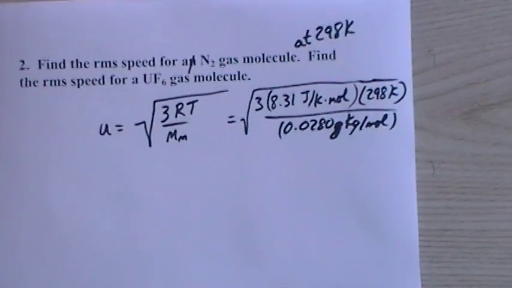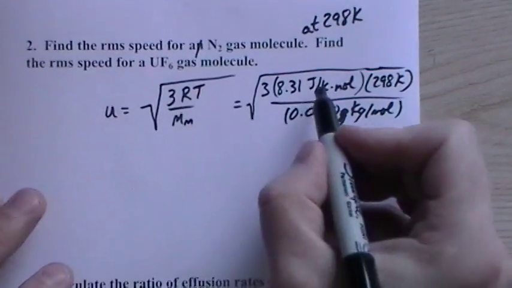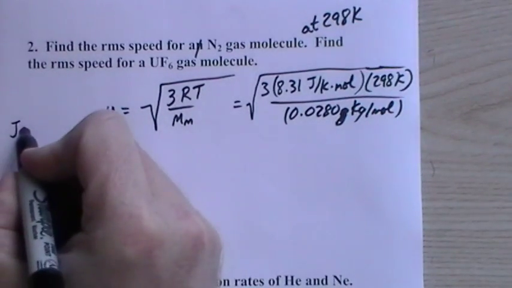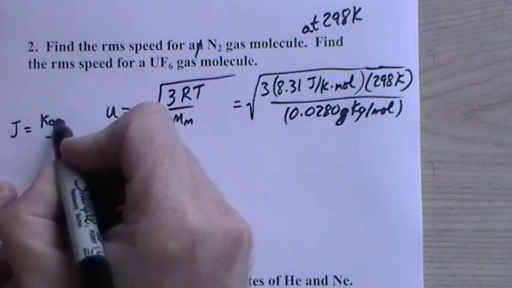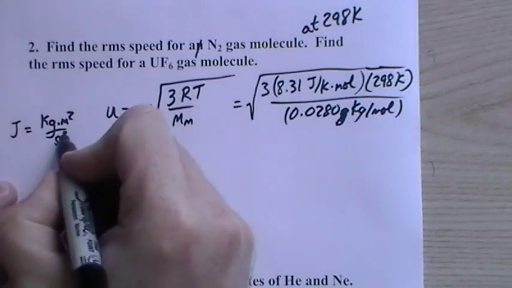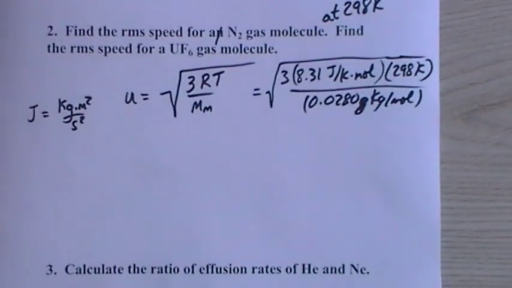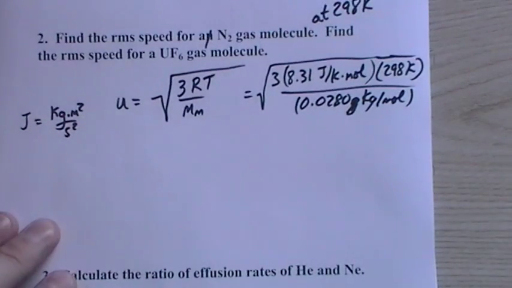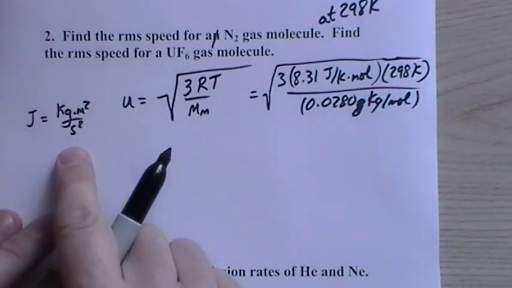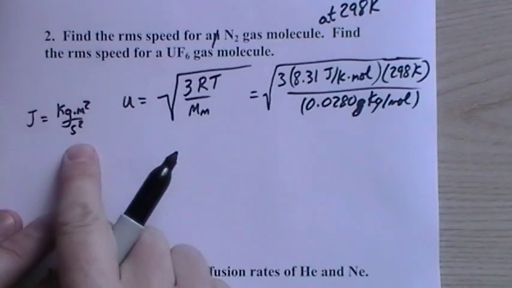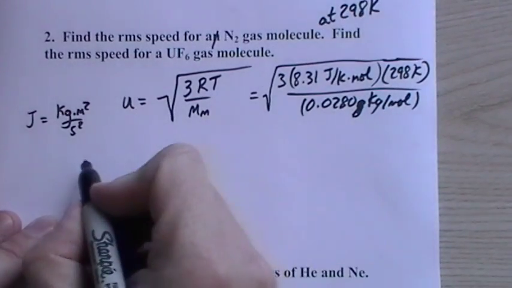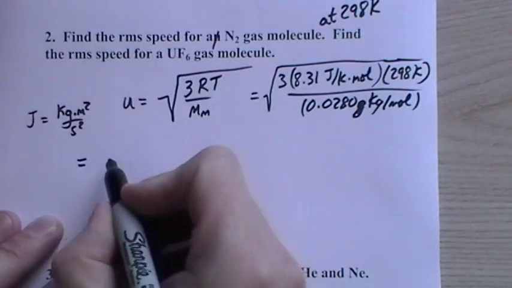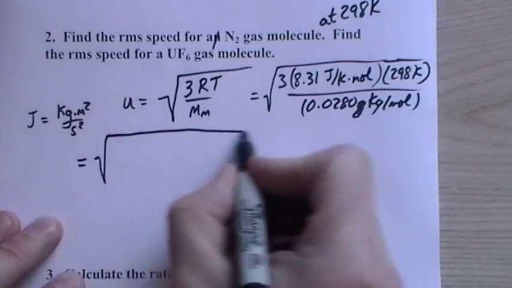It seems odd that we do that, but remember, a joule is kilograms times meters squared per second squared. The reason we're using joules, once we do the calculation, I'm going to expand this whole thing out.